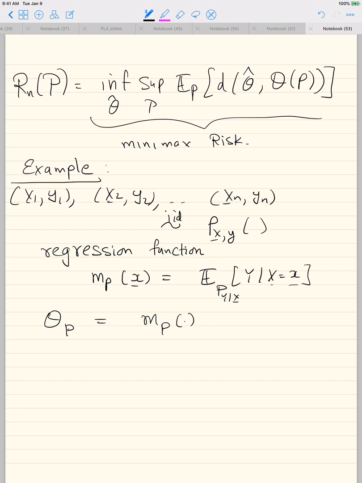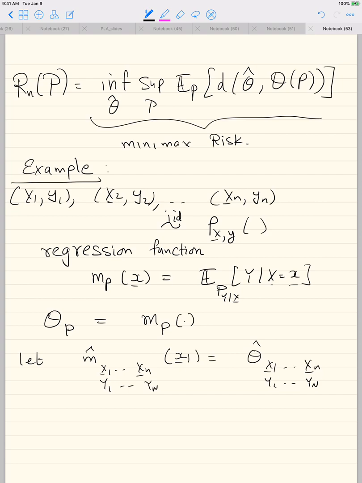What I would do in practice is let m hat of x1 to xn. Given x1 to xn and y1 to yn, I can compute some sort of regression function.